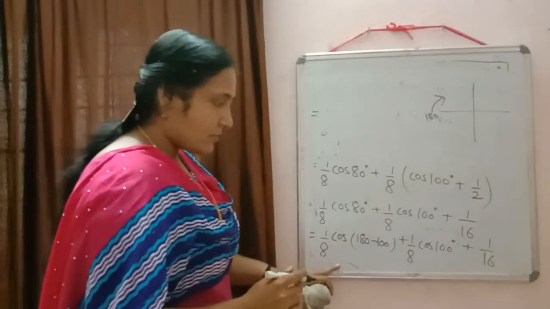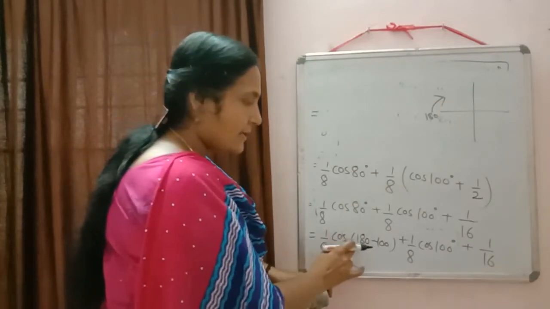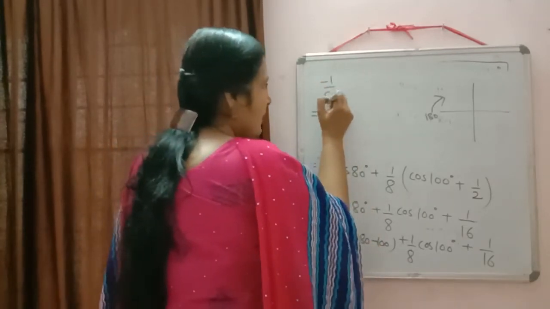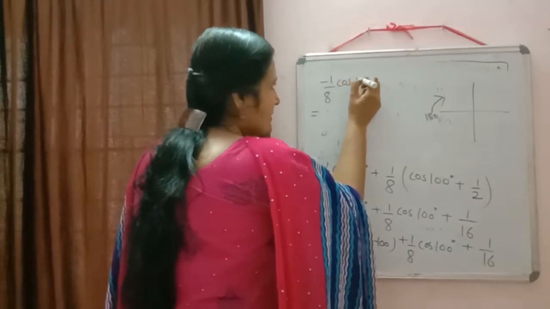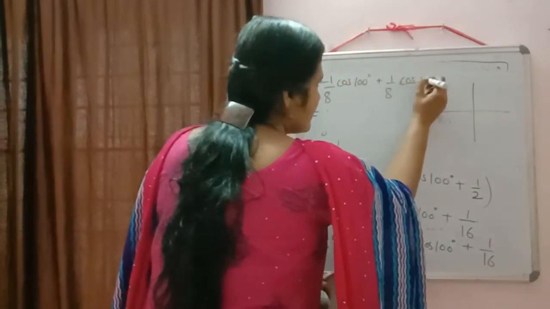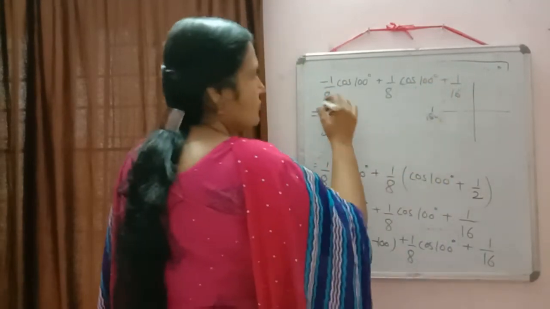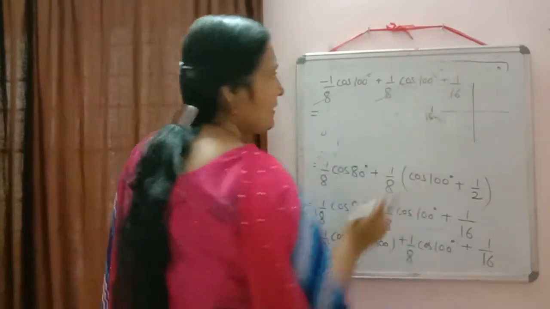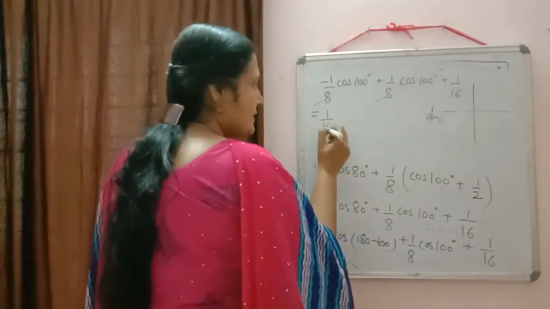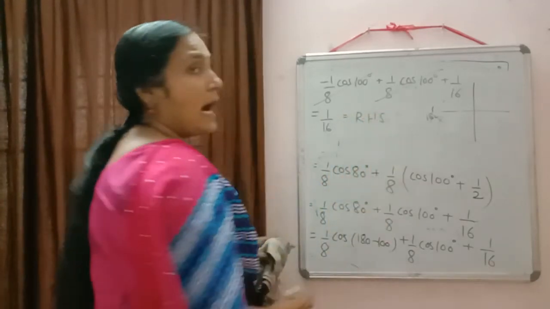And in the second quadrant cos is negative. So it will be equal to minus cos 100 degree. So it will come minus 1 by 8 cos 100 degree plus 1 by 8 cos 100 degree plus 1 by 16. So minus 1 by 8 cos 100 plus 1 by 8 cos 100 will get cancelled. We will get the answer equal to 1 by 16, which is equal to RHS.